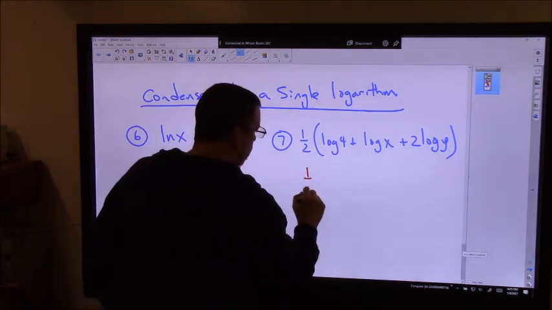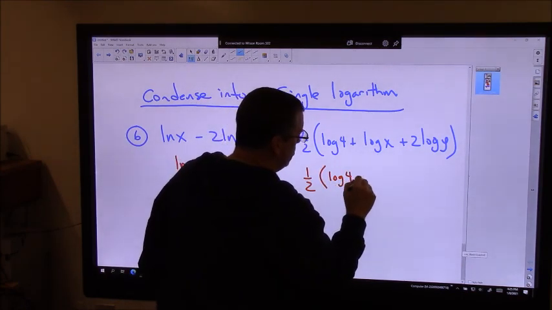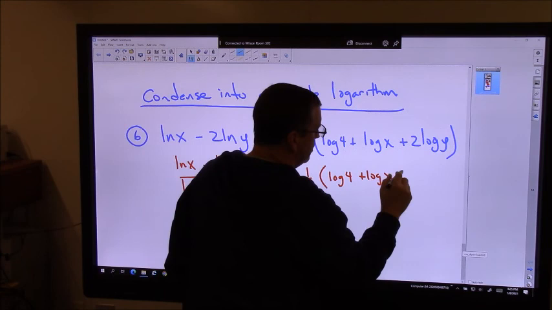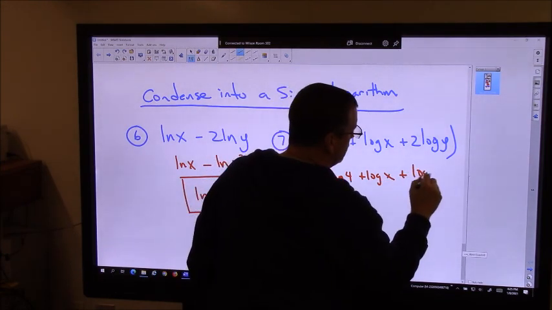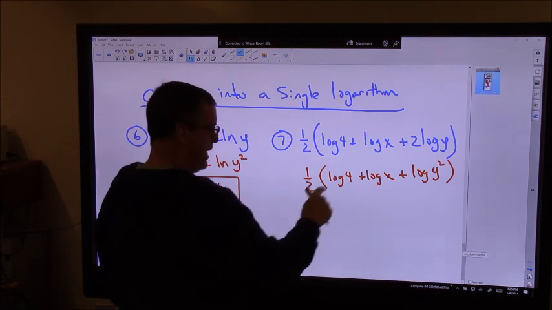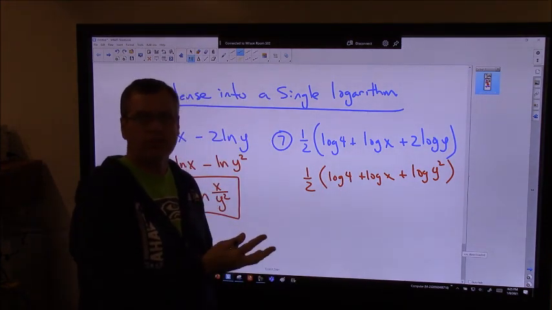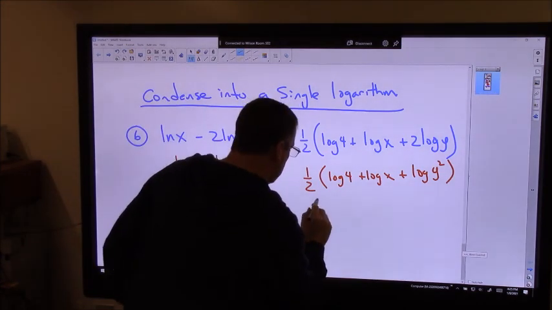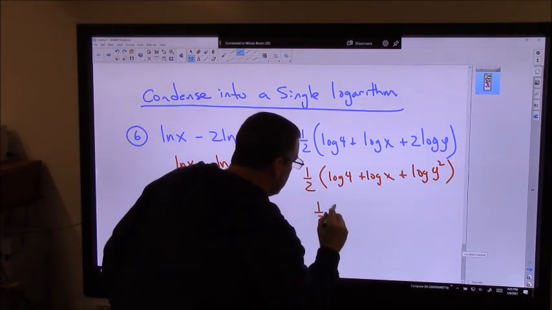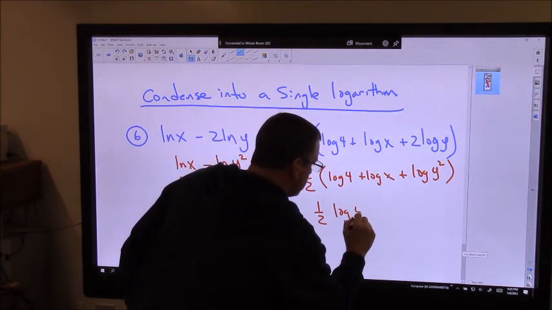So this is going to be 1/2 times log 4 plus log x plus log y squared. And now I'm adding all these exponents, which means we must be multiplying, because that's when you add your exponents together. So I've got 1/2 log of 4xy squared.